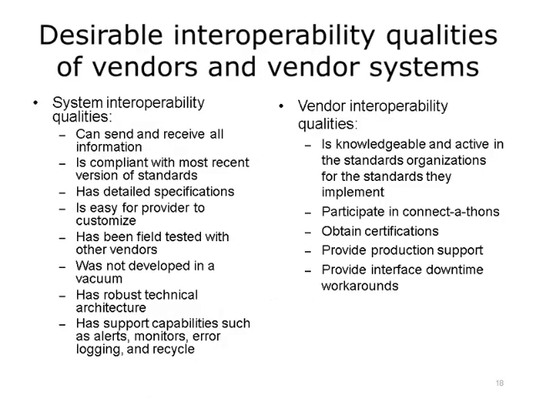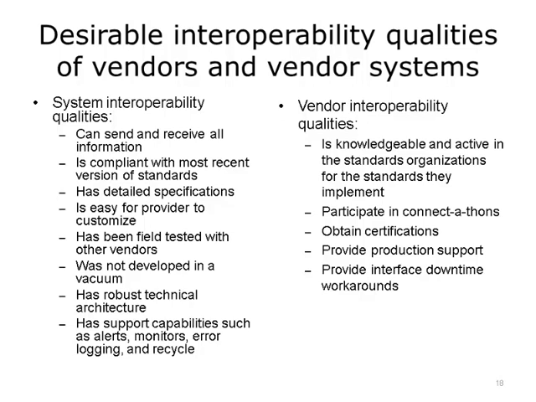Features of robust system interoperability capabilities include: can send and receive all information, is compliant with the most recent version of standards, has detailed specifications, is easy for the provider to customize, has been field tested with other vendors, was not developed in a vacuum, has robust technical architecture, and has support capabilities such as alerts, monitors, error logging, and recycle.